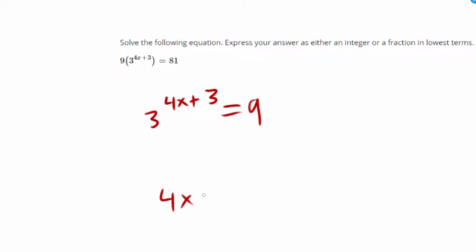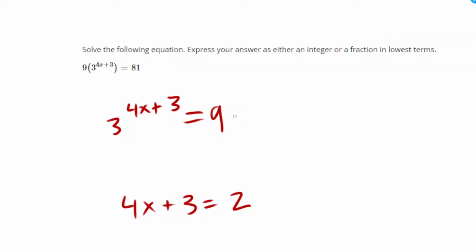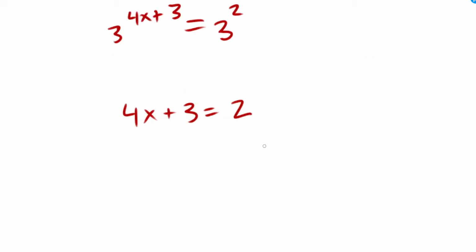Another way to get to this step is we want the same base, right? So let's turn this into 3 squared. 3 squared is the same as 9, so it stands to reason that 3 to the something equals 3 squared, so that exponent also equals 2. So now we'll have 4x plus 3 equals 2.